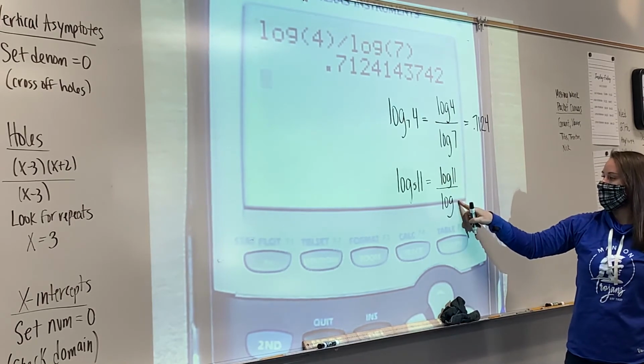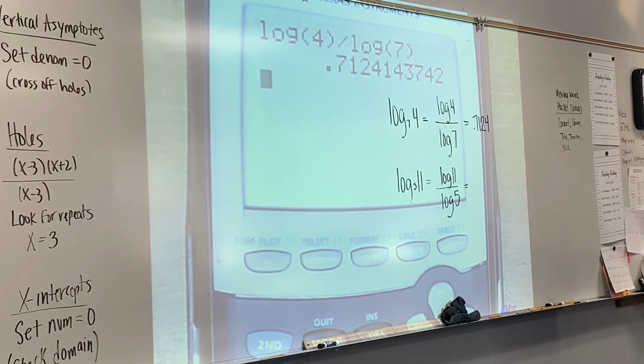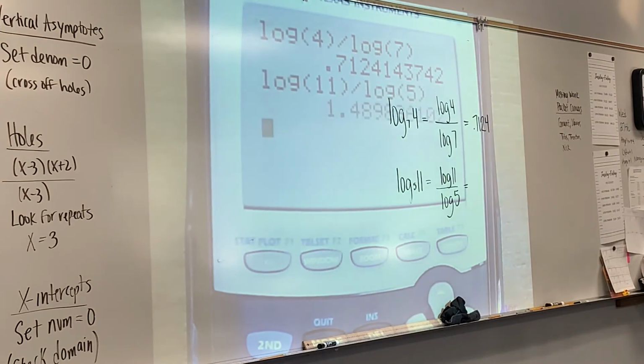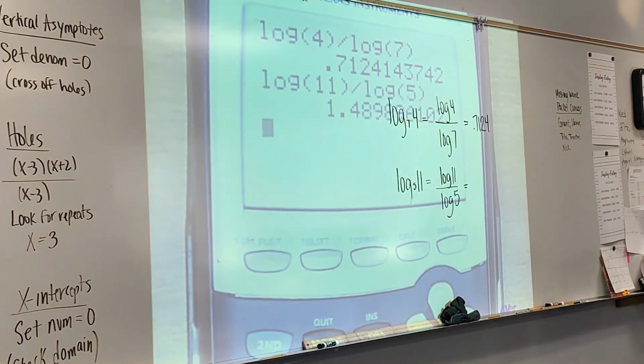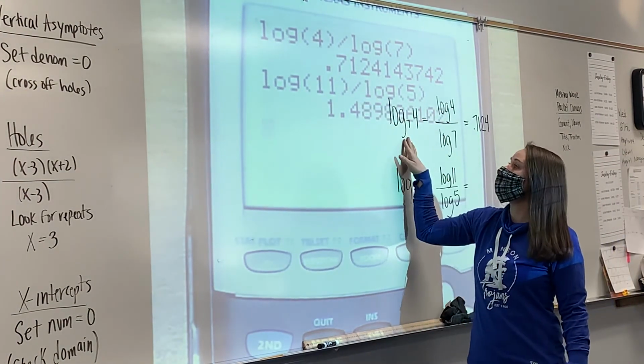What's the bottom number going to be? 5. So we can do that. So that's going to be log of 11, close my parentheses, divided by log of 5. And I get 1.489.